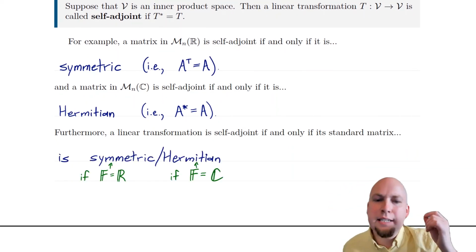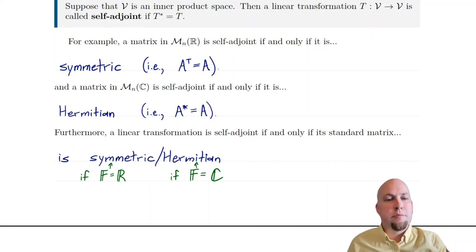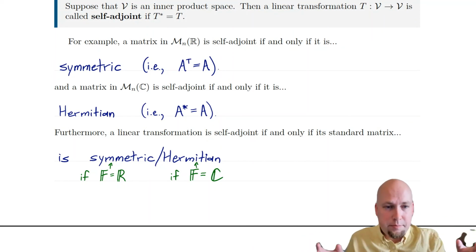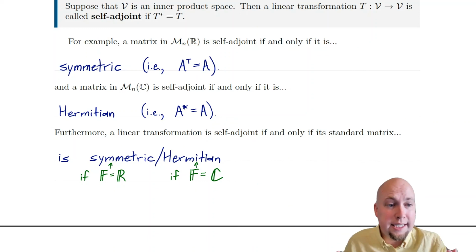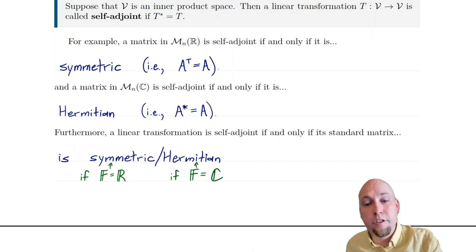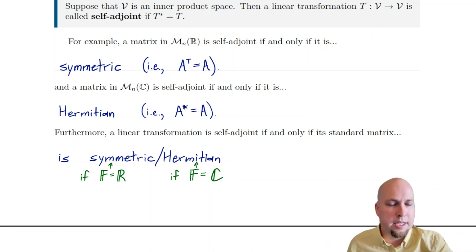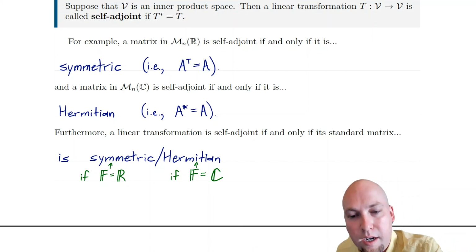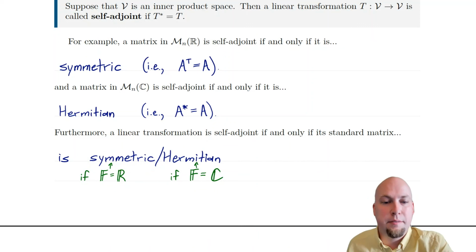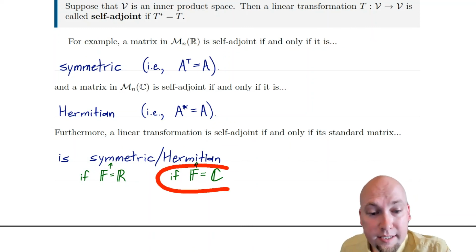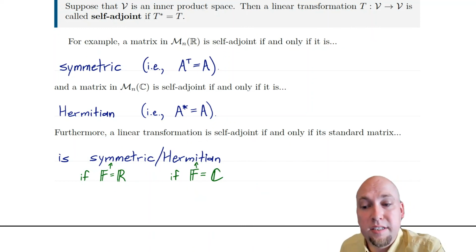And slightly more generally, a linear transformation between arbitrary finite dimensional inner product spaces is self-adjoint if and only if its standard matrix is symmetric or Hermitian, depending on what the ground field of your inner product space is. If the ground field is R, then you want your standard matrices to be symmetric. And if your ground field is the complex numbers, then you want your standard matrix to be Hermitian.